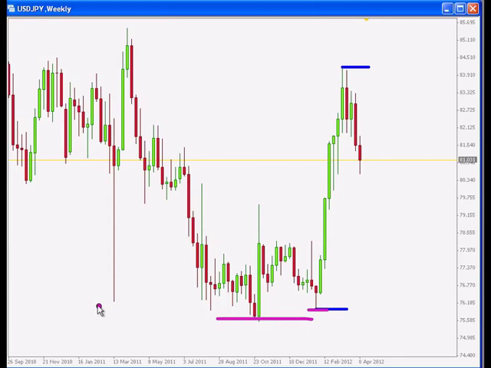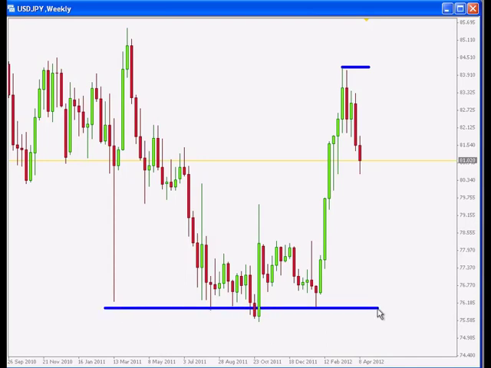We can see how we've had 1, 2, 3, 4 specific price points bottoming out at around the same level, which is around the 7600 level. So what I am going to do is mark a weekly support area around this level.